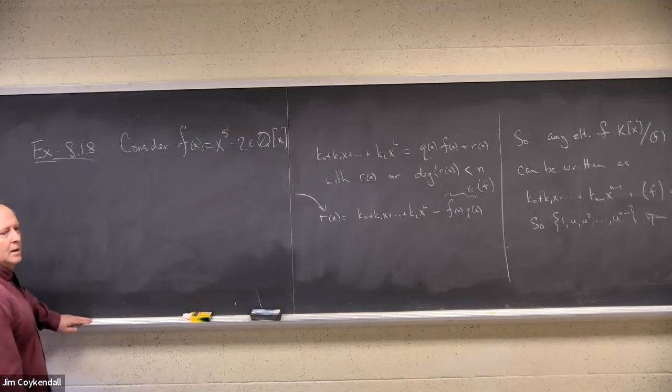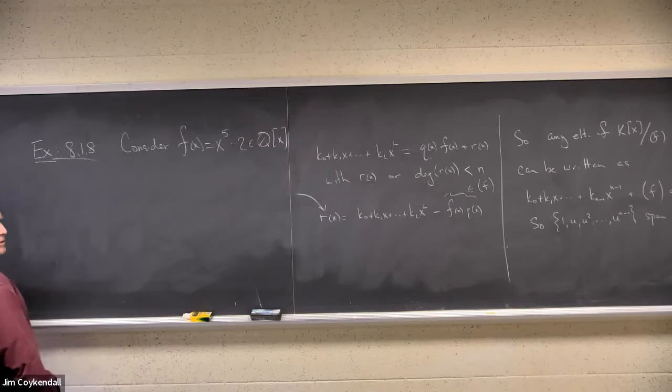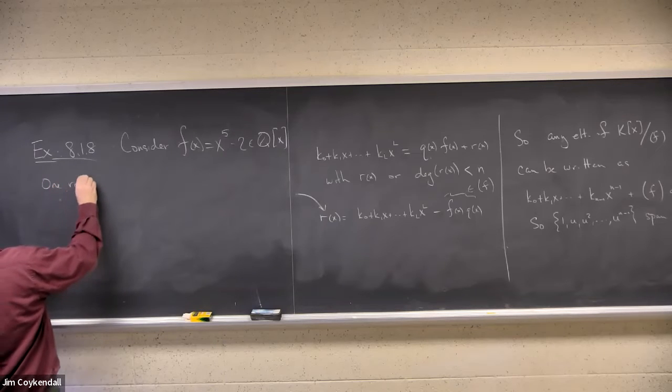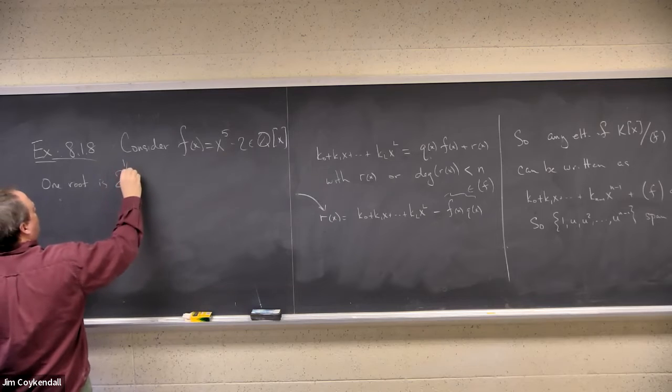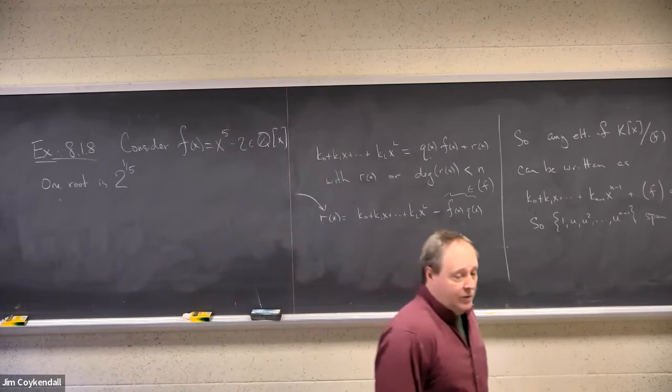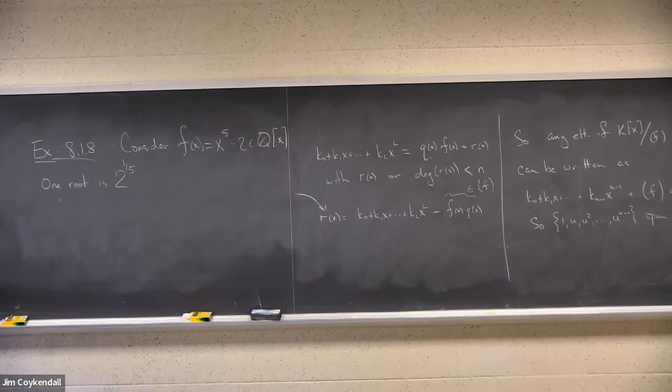By the way, what do you know about the roots of this? So in particular, one of the roots is the fifth root of 2, right? That is correct. There are 4 other roots, and they appear in complex conjugate pairs.